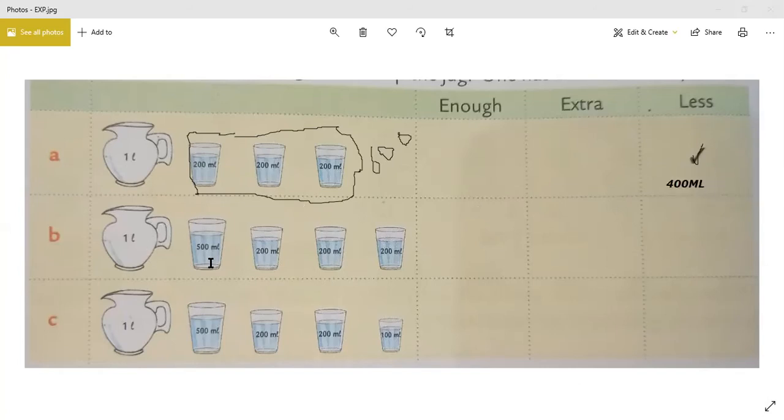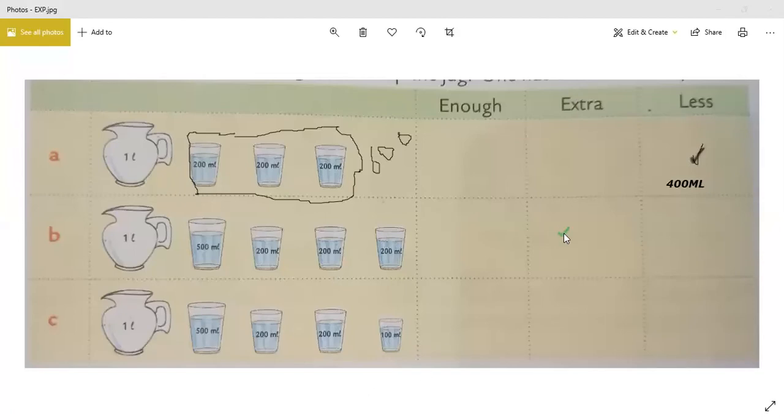Okay, in the second one, 500, 200, 200 and 200. Is it enough, extra or less? 700 ml, so it is extra. Very good. Why is it extra?